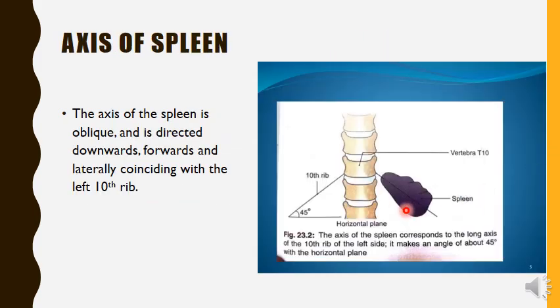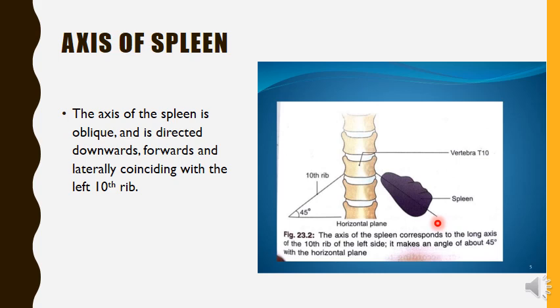Now coming to the axis of the spleen, this is the long axis of the spleen. It is oblique, you can see in this image, and it is directed downwards, forwards and laterally, and it coincides with the left 10th rib. Here this line is where the left 10th rib is present. To make it clear, on the right side you can see this is the right 10th rib. Similarly, the left 10th rib will be there.